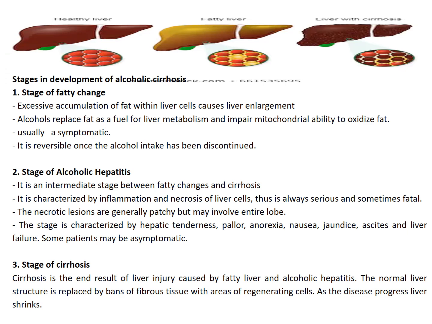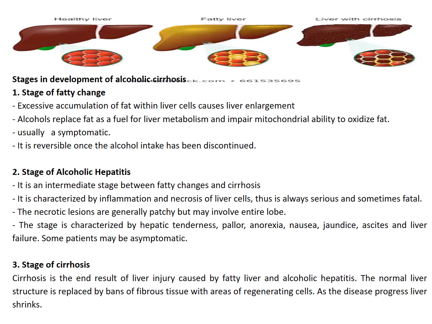Alcohol replaces fat as a fuel for liver metabolism and impairs mitochondrial ability to oxidize fat. In this stage, the patient is usually asymptomatic and it is a reversible process. Once alcohol intake has been discontinued, the liver and hepatocytes revert to normal.